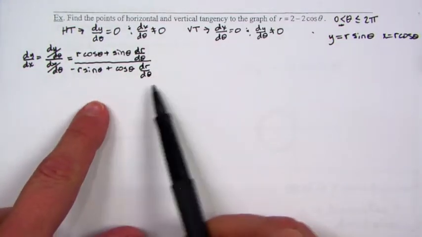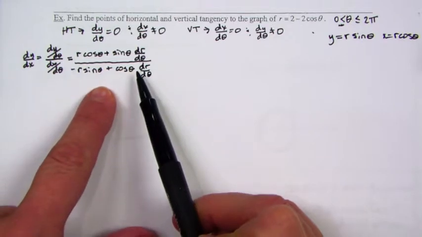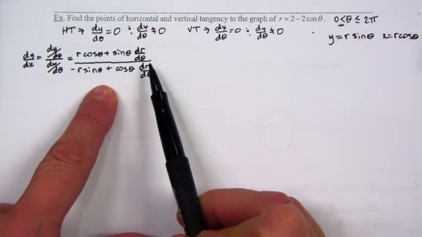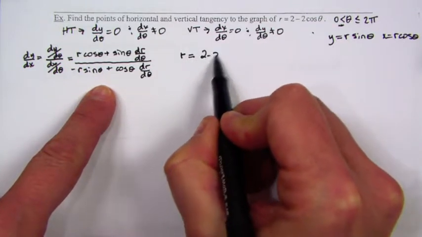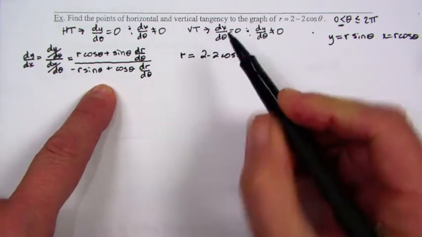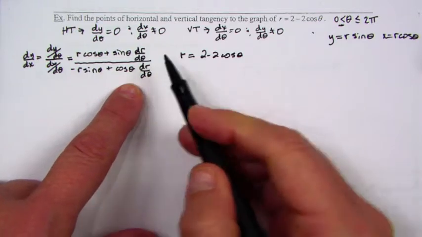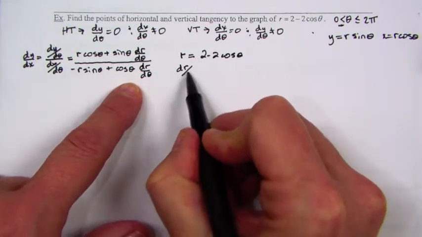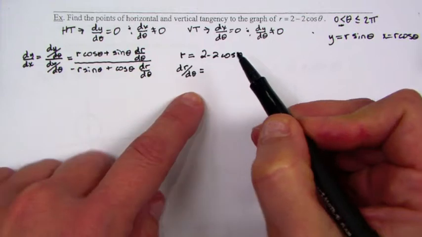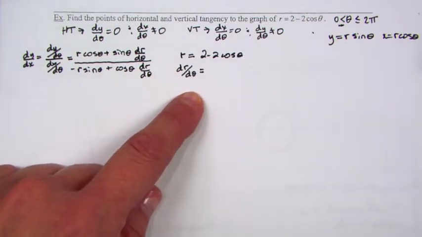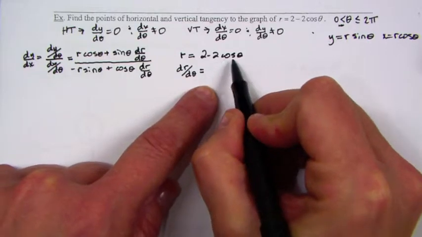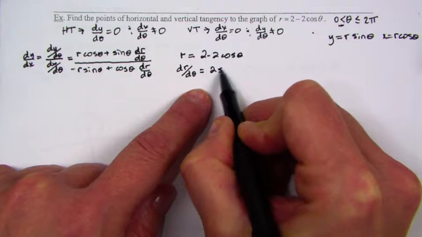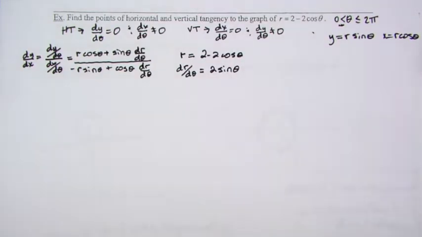And now I'm going to have to substitute into this particular formula. I know r, it was given to me, r is 2 minus 2 cosine theta. And I also see that I'm going to need a dr d theta, which I can figure out right here. Dr d theta is going to end up being the derivative of 2, 0, and this will be negative 2 times the derivative of cosine theta, which is negative sine theta, so it will end up being positive 2 sine theta.